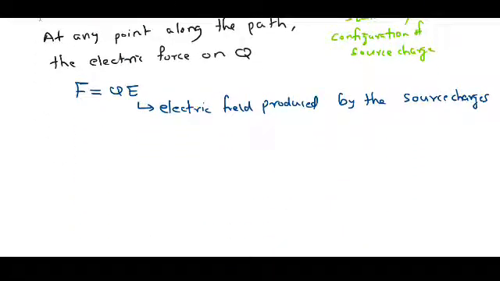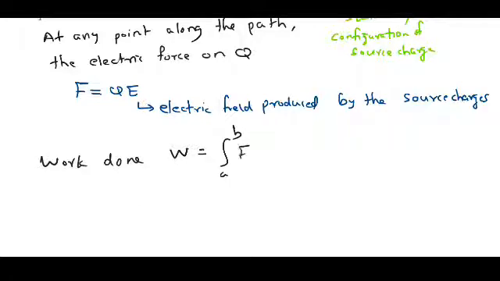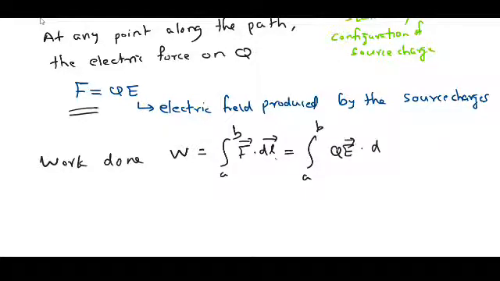That can be written as W from A to B, F dot dl. This force is nothing but what we have written, QE. Therefore, integral A to B of QE dot dl. Here the force has to be applied against the electric field, therefore we have to put a minus sign.